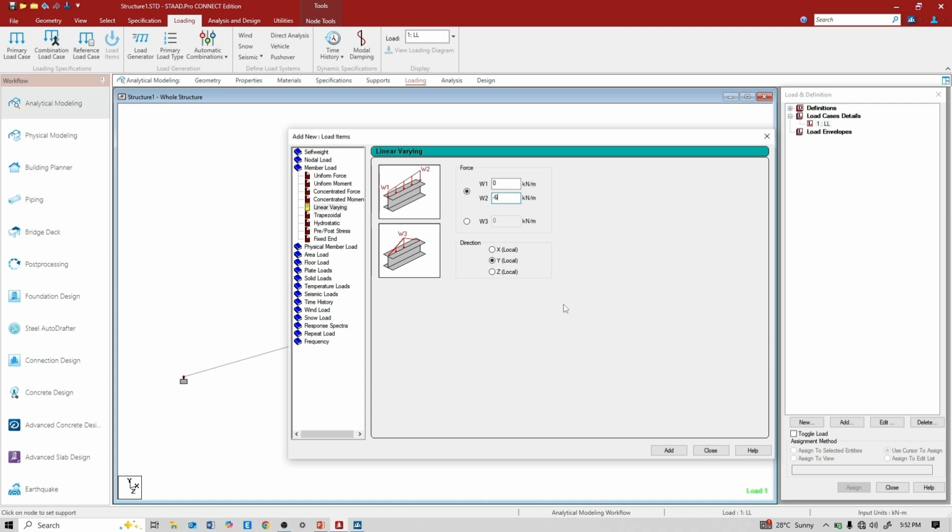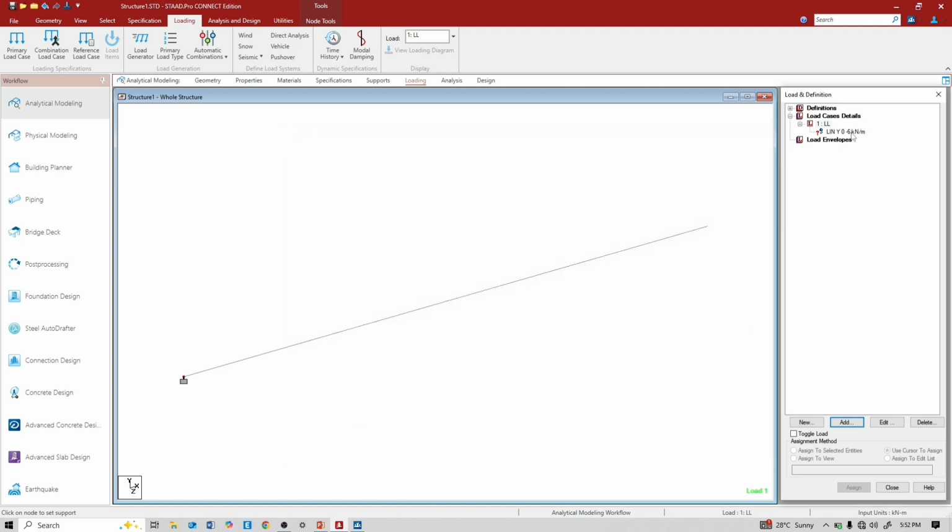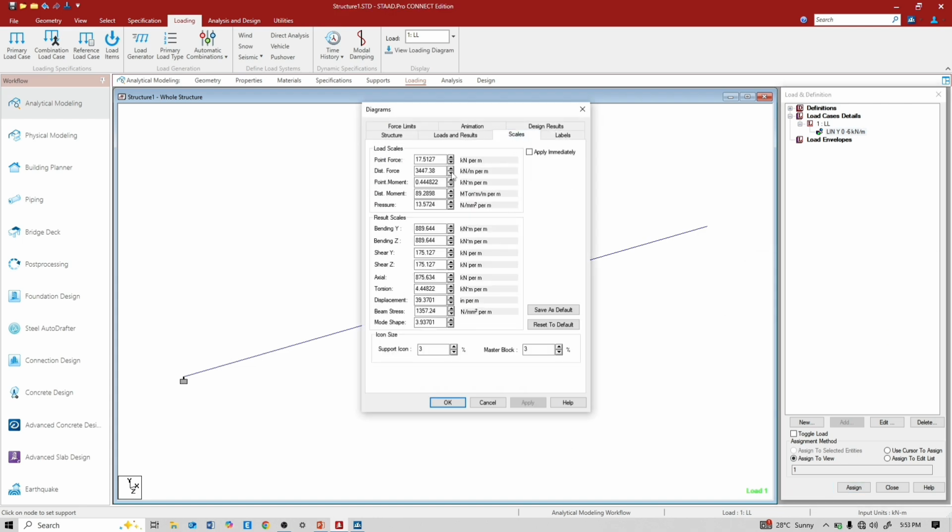Y direction is upward and the minus sign is because our load is downward. That's why the minus sign. Add, close, add, assign to view, assign, yes. So scale it for observation purposes.